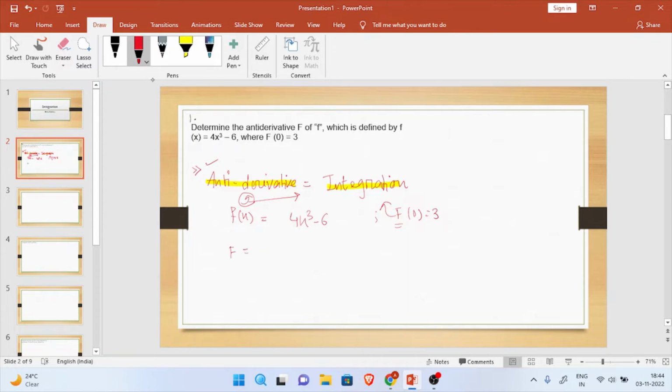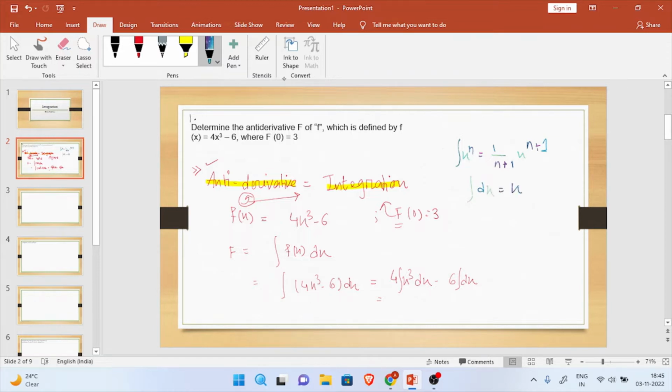So F will be the integration of f(x), which is the integration of 4x cube minus 6 dx. Now, 4 integration of x cube dx minus 6 integration of dx. We're just splitting the terms. The integration of x to the power n is 1 by n plus 1 times x to the power n plus 1, and the integration of dx is simply x.